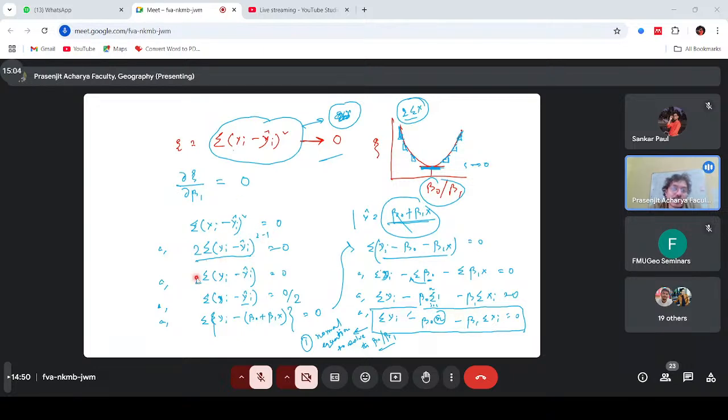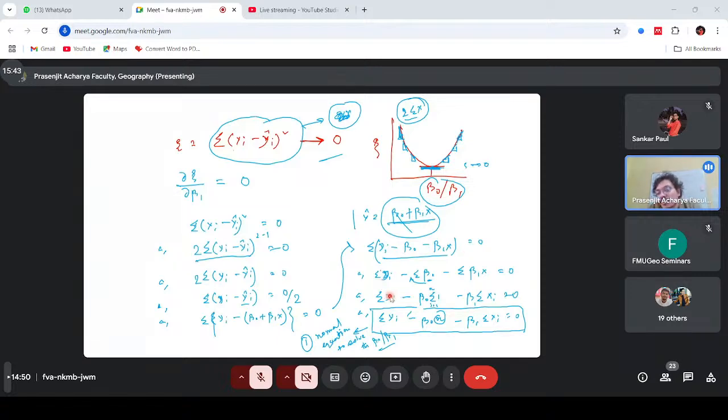So what we get is 2 times the sum of yi minus y hat, since 2 minus 1 is 1. And then with simple mathematics, setting it to 0, bring the 2 to the right hand side, 0 divided by 2 is 0. And I then multiply summation signs to every term. I'm going to replace that y hat with the corresponding expression, that is y hat equals beta 0 plus beta 1 x, or a plus bx, and then simply multiply the summation term with every term inside this bracket.